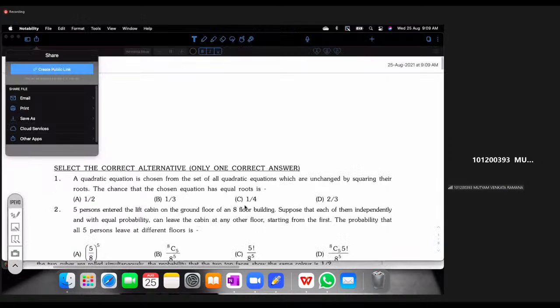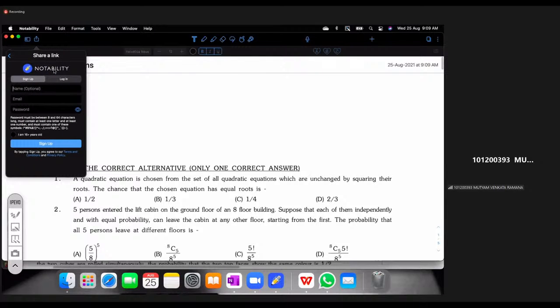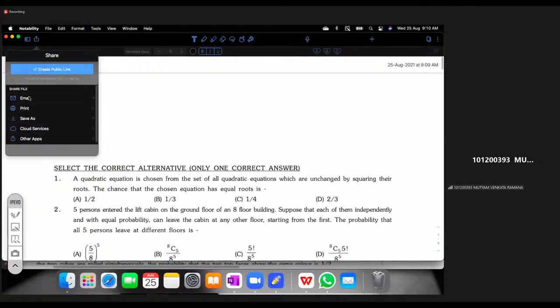Okay, this is Notability. Create a public link. Oh, you have to sign in and other things.